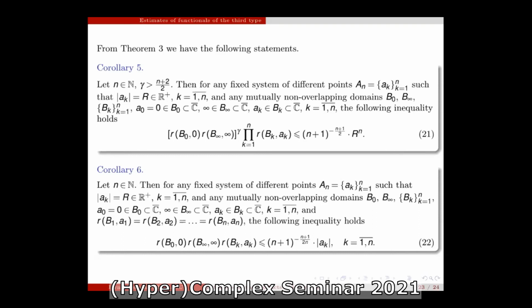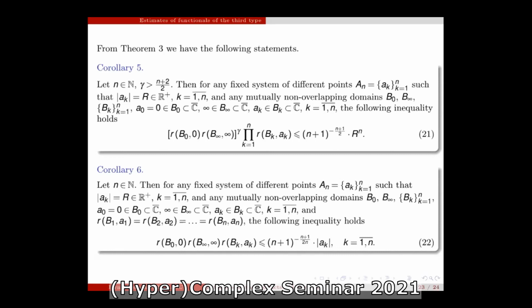And we have Corollary 6 from Theorem 3. Let n be a natural number, then for any fixed system of different points such that modulus a_k equals r, and any mutually non-overlapping domains B_0, B_infinity, B_k, and in this case the inner radii are equal, the following inequality holds.